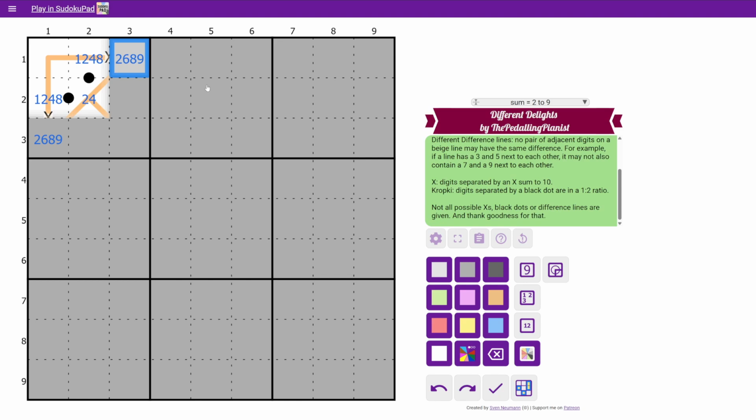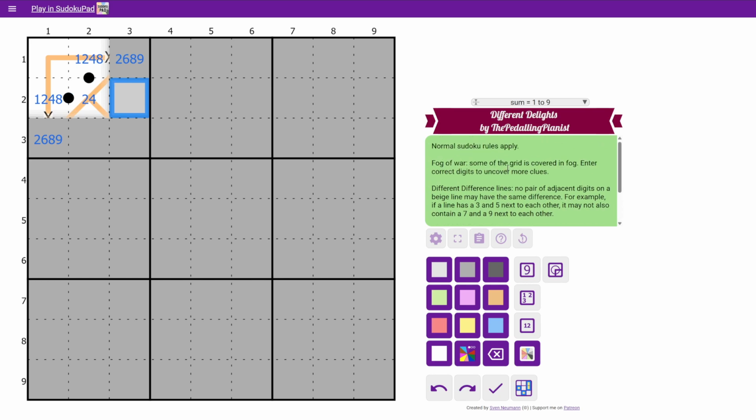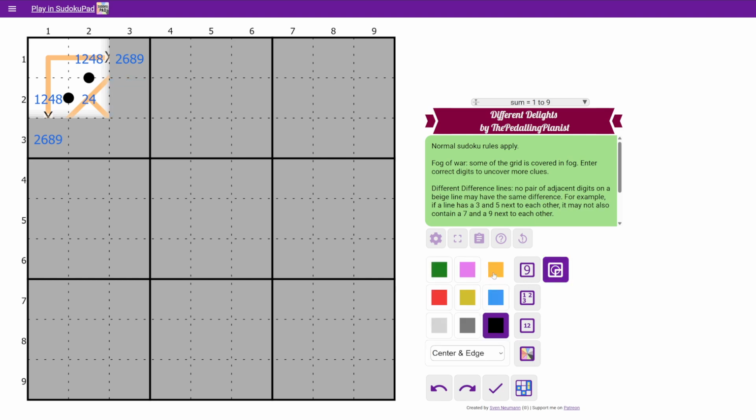Right, so this cannot be 6. Oh, wait, maybe it could actually. I was about to say this cannot be 6, 2, because this would be 4. I guess I don't know. No pair of adjacent digits on a beige line may have the same difference. So, I'm kind of not sure.